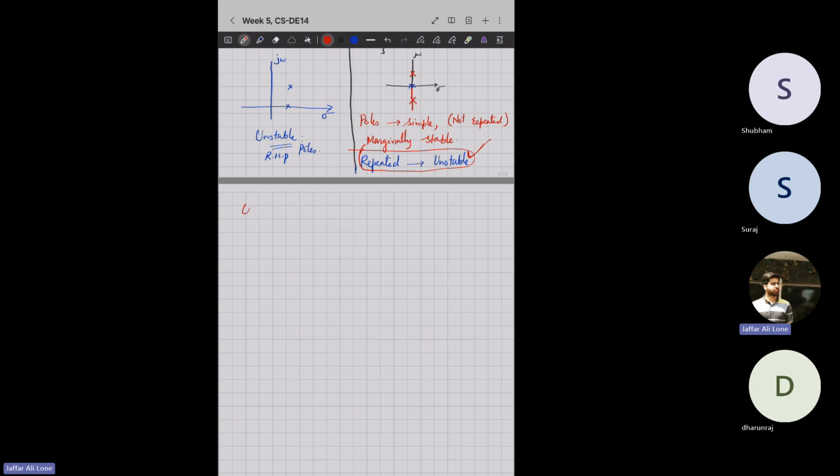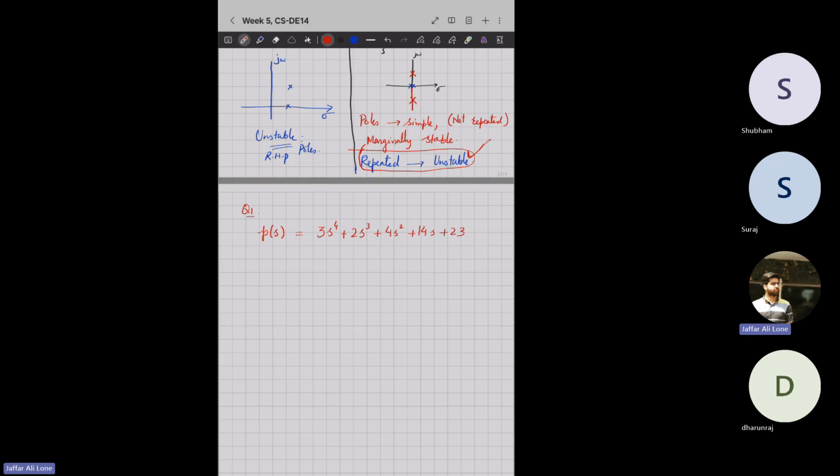You'll see it. So our question number one: consider a polynomial in S given as P(s) = 3s^4 + 2s^3 + 4s^2 + 14s + 23.